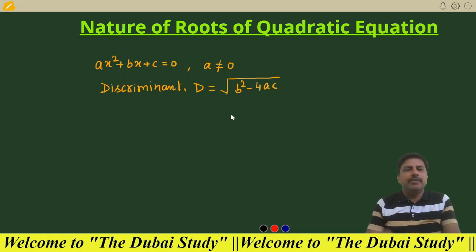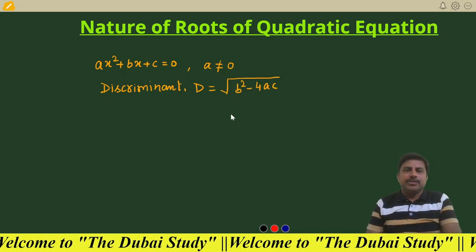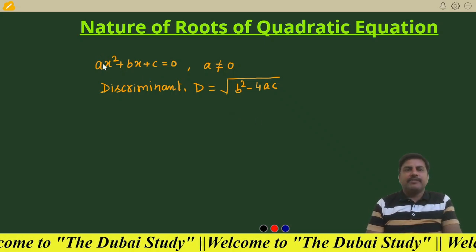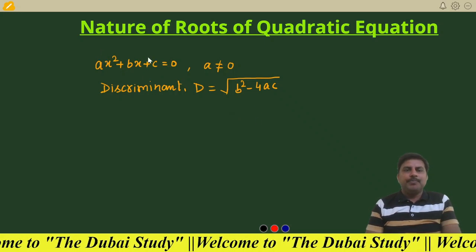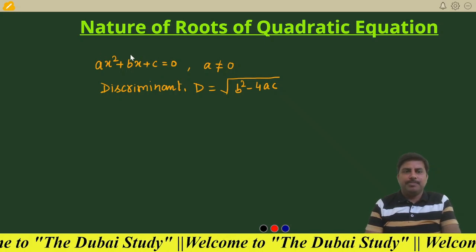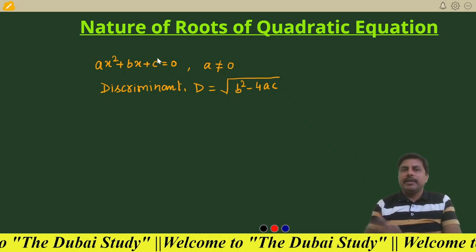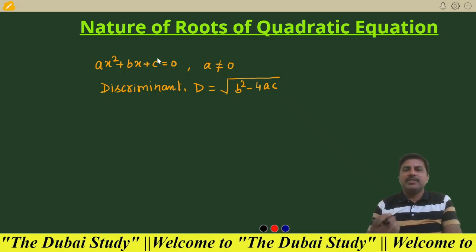That means whatever your quadratic equation is, you want to find these values: the coefficient of x square is called a, the coefficient of x is called b, and the constant term is called c. So just get the values of a, b, c from the given equation.